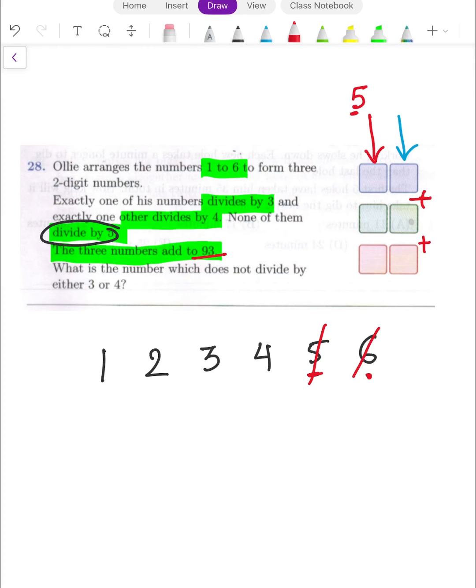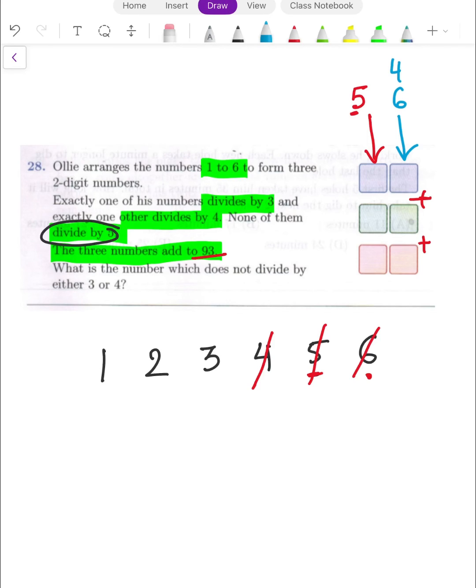So 6 actually has to be an option for the ones place. Because I have a 5 already, I cannot even have a 4 in the tens column, because 5 and 4 and any of the other digits would lead into the hundreds column, and that is not possible. So 4 has to go in the ones column as well. All right, so 4 is done.